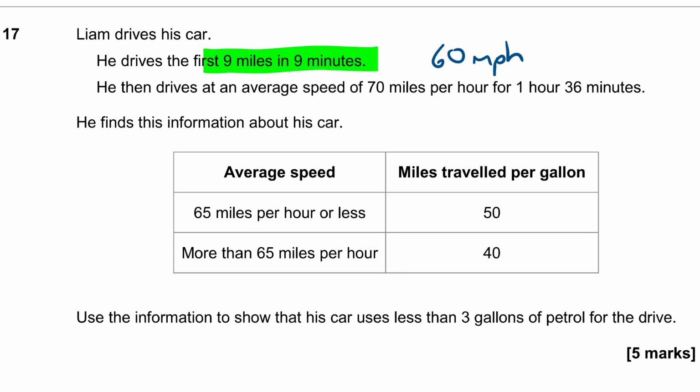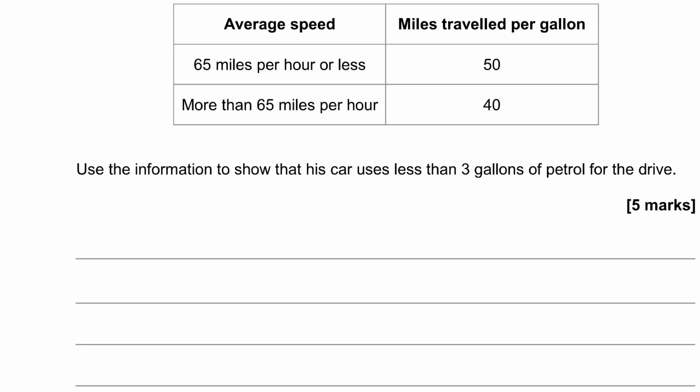I think I'm going to set this up as a ratio actually. So let's write that down as a ratio. Miles to gallons. We know that I can drive 50 miles for 1 gallon for the first stage.